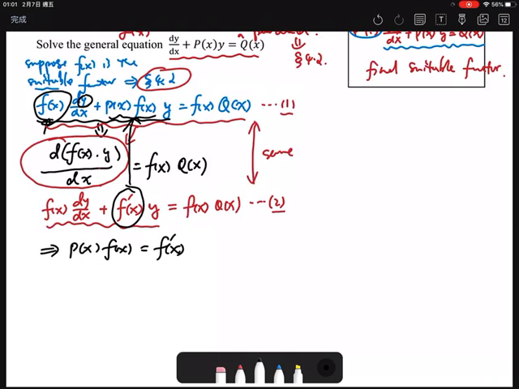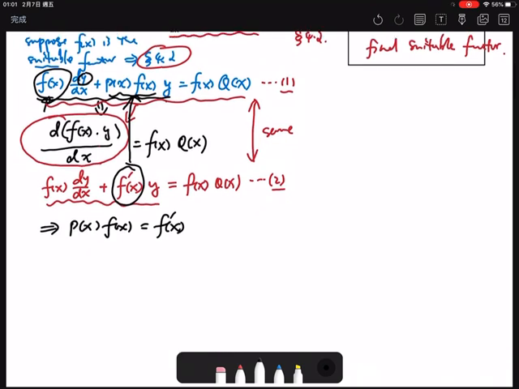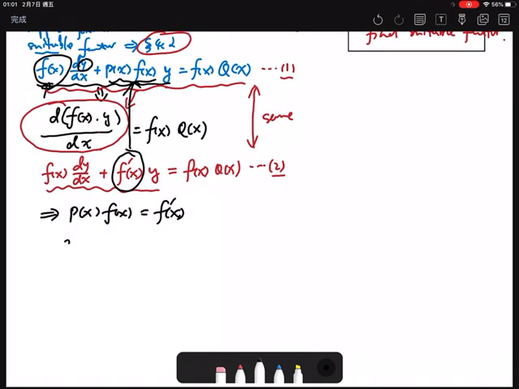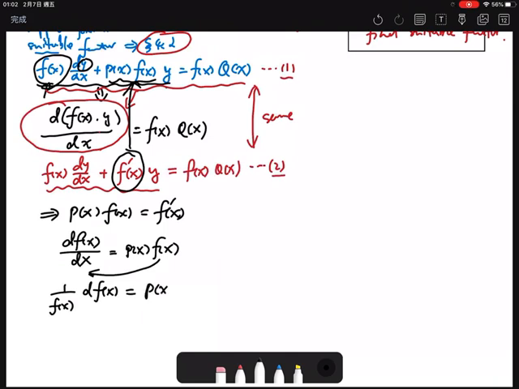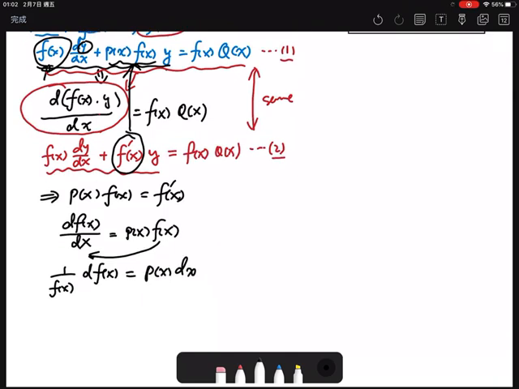If we write f prime as df(x) by dx, we have this pattern. We simplify again: I multiply dx on both sides and divide f(x) to the left-hand side. It will be 1 over f(x) times df(x) equals p(x) dx.